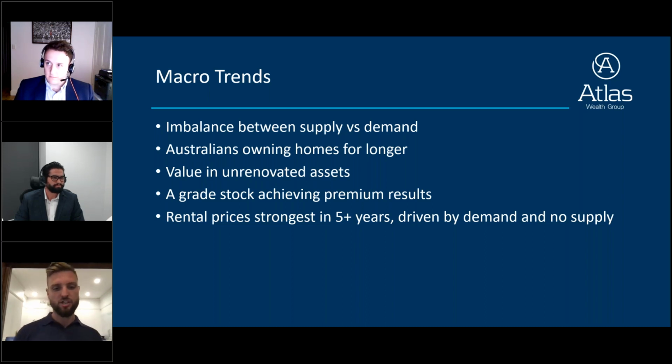The A-grade stock is obviously achieving premium results. That was what I was mentioning around the $5 million plus in Sydney and sort of $3 million plus in Brizzy. There's lack of supply and still very, very strong demand for that kind of product. And another slide that I'm going to touch on later is that the downsizer market is really driving that. A lot of these properties in the $5 million plus bracket are usually coming from people who have owned them for a very long period of time and bought them for a penny on the dollar.